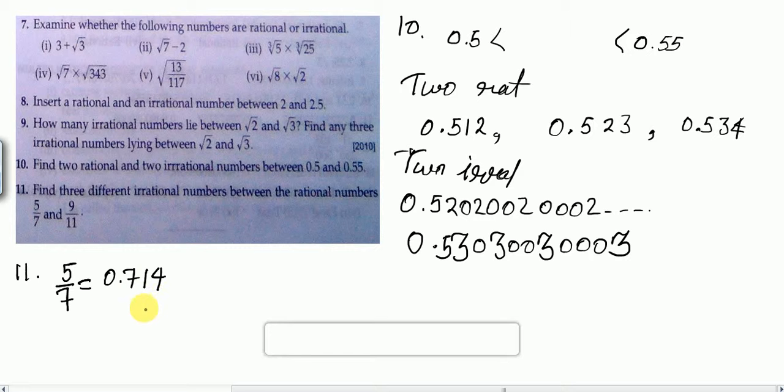Okay, and 9 by 11 is 0.8181. Okay, and now three irrational numbers.